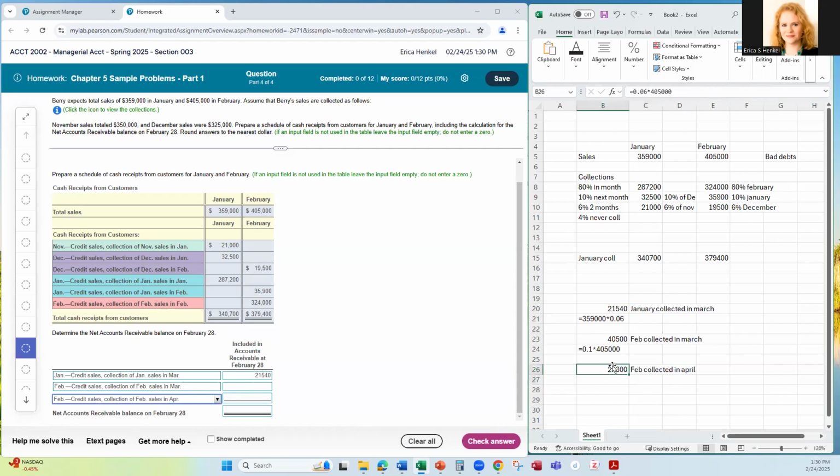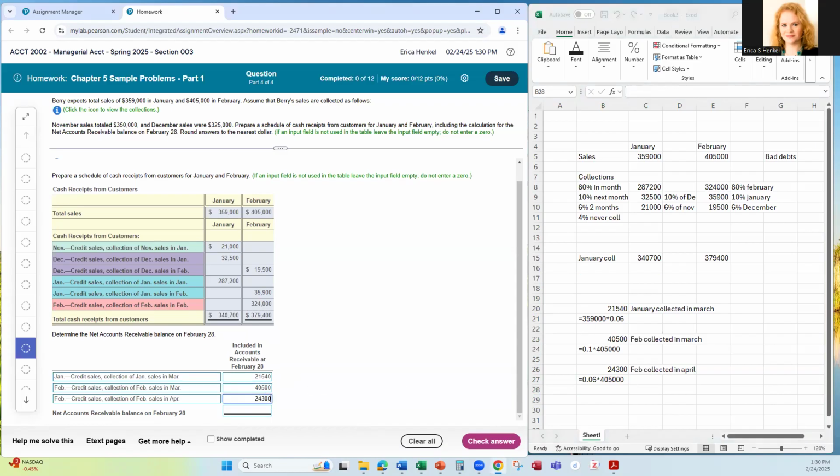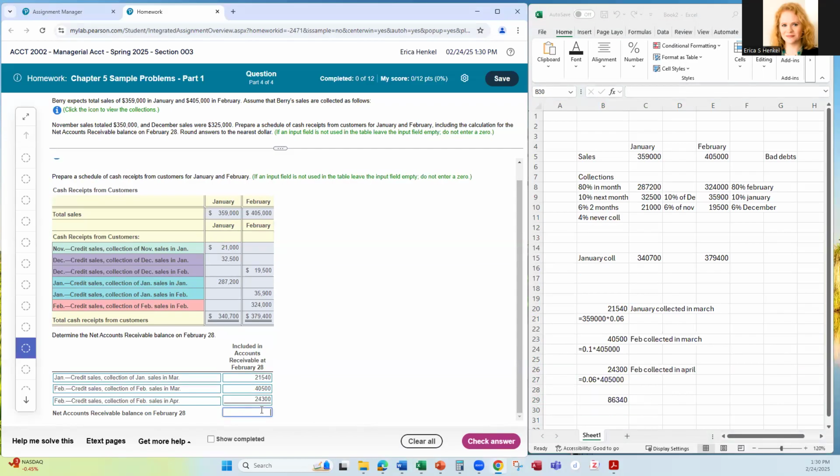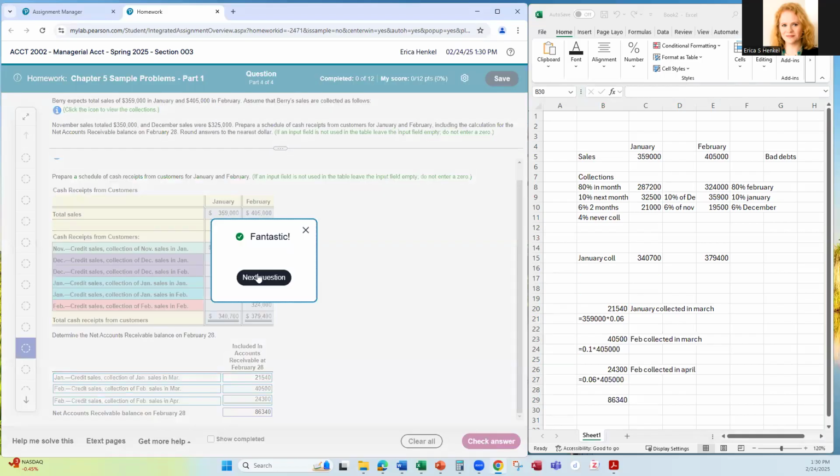Okay. And that's how we calculate that one. That gets us to a total of 86,340. That is still sitting in accounts receivable as of February 28th.